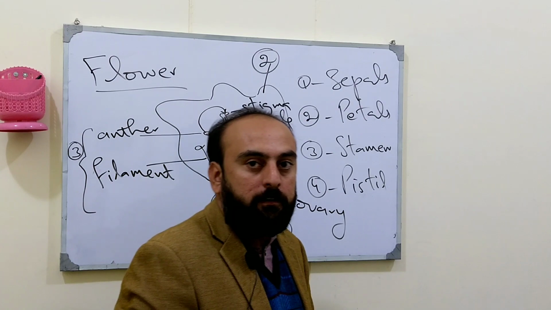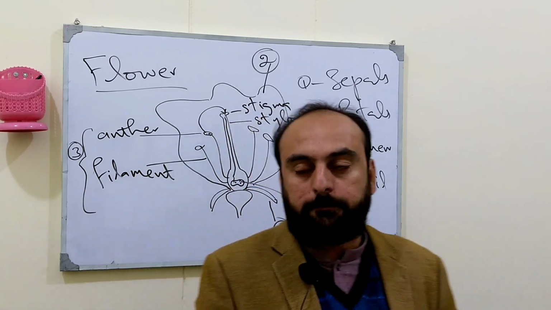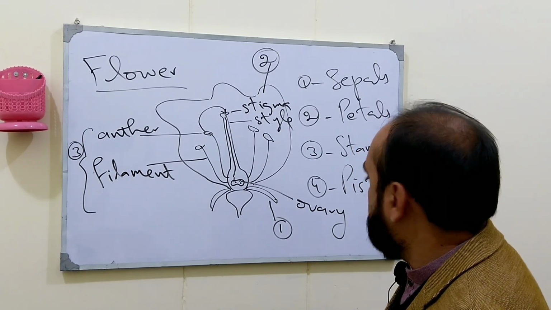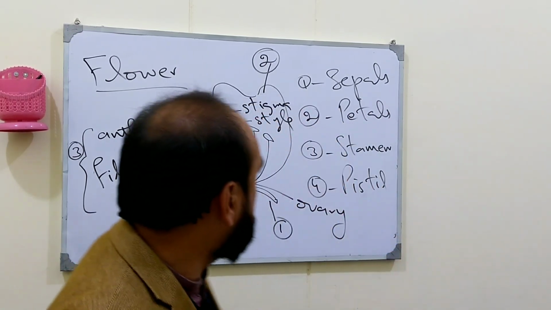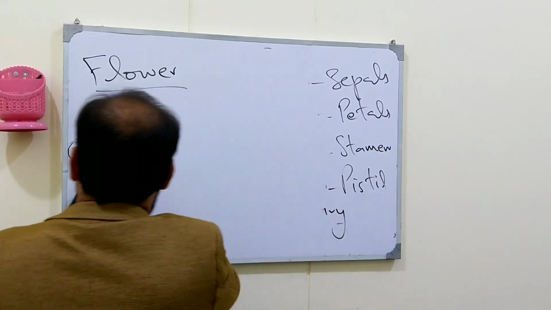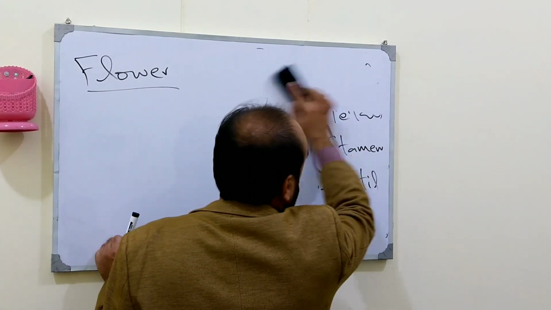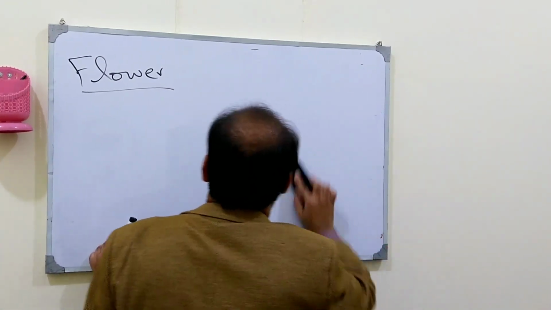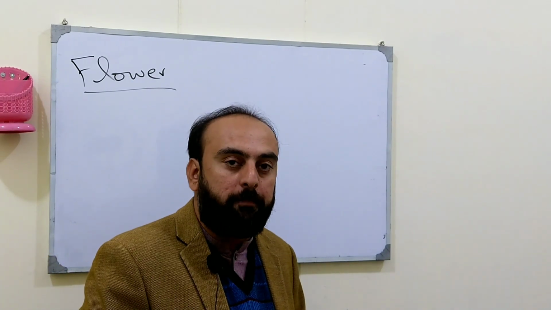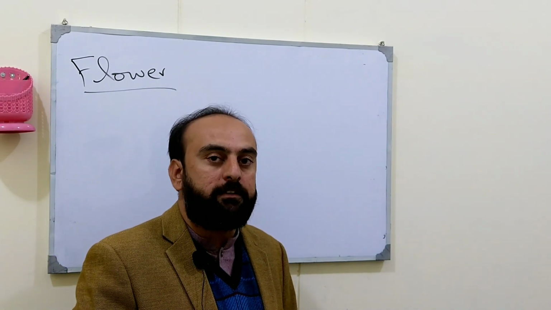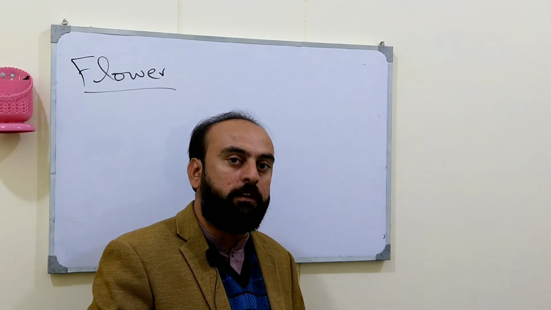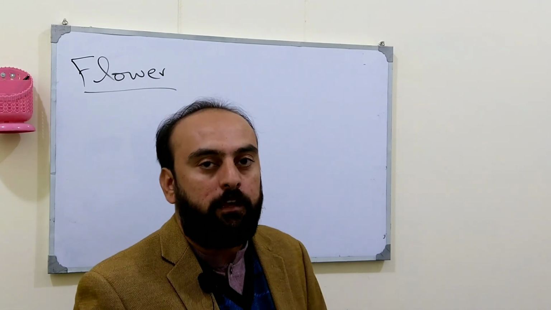Flowers can have different forms in plants, and there can be perfect or imperfect flowers. A perfect flower has both reproductive parts, stamen and pistil, whereas an imperfect flower has only stamens or pistils.